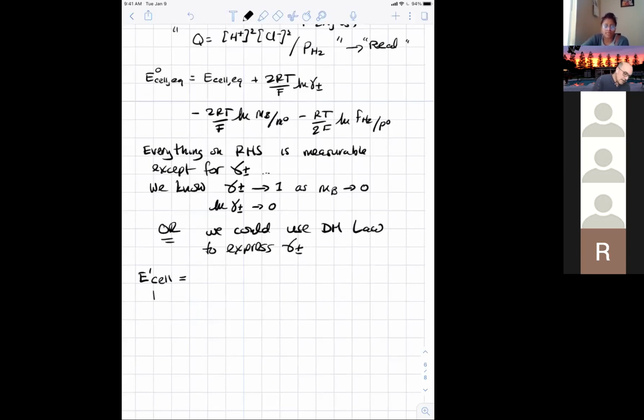What we're going to say is this approaches that, right? Okay, anyway, what does this look like? Well, we get the measured voltage, which is easy.